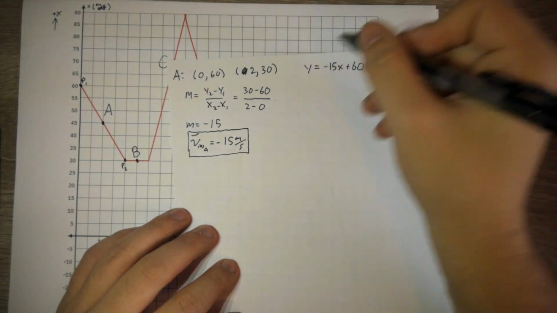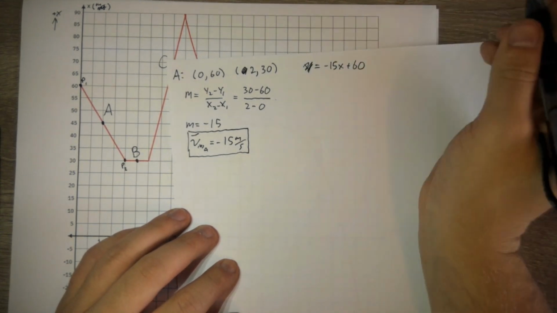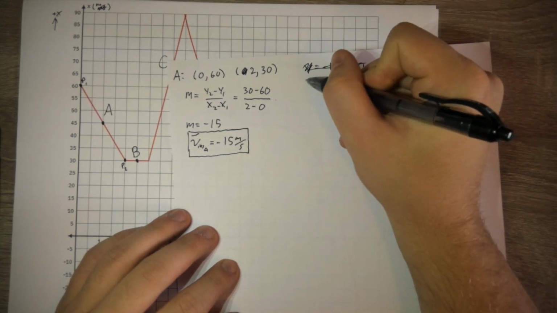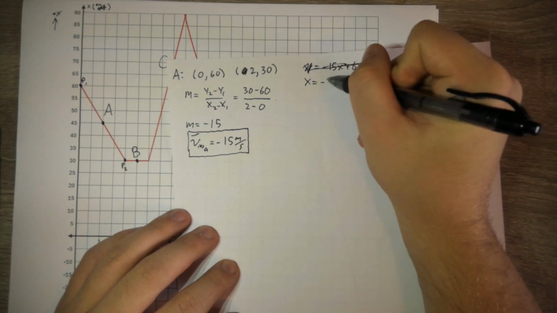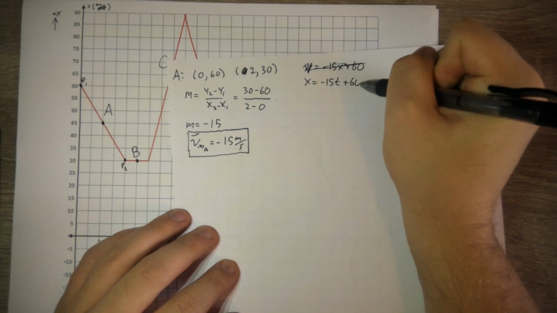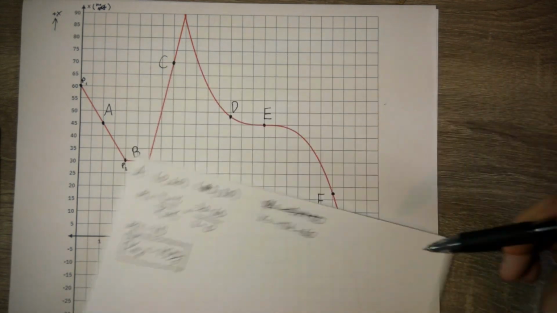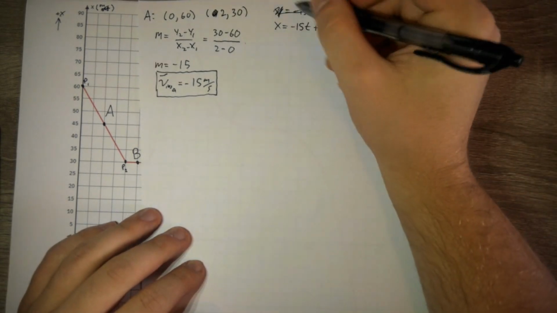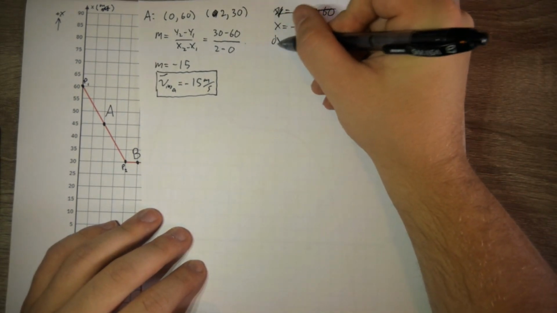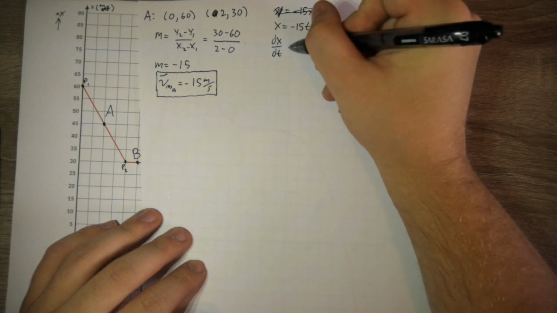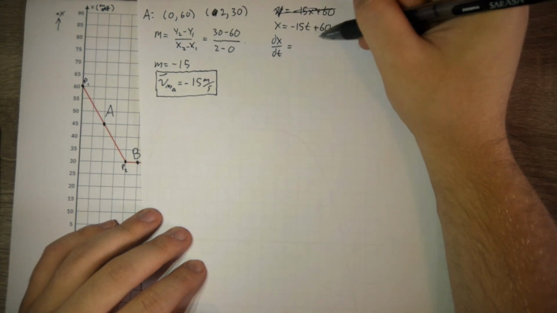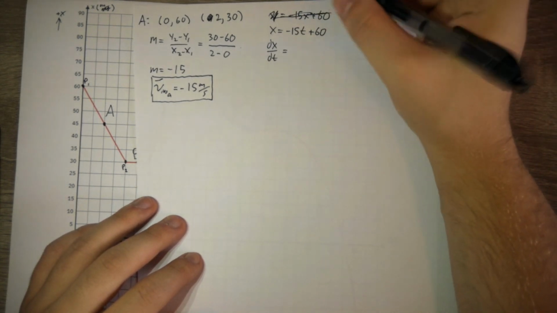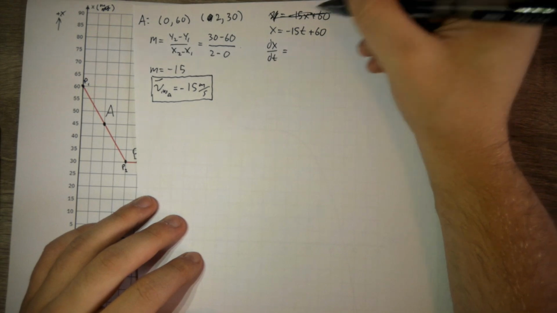Now what we can do, actually to make this more accurate, this should be x equals negative 15t plus 60 because our x-axis is actually t and our y-axis is x. We could take the derivative of this equation with respect to time using our power rule. And so this is a constant, so if you take the derivative of a constant, it's equal to 0.